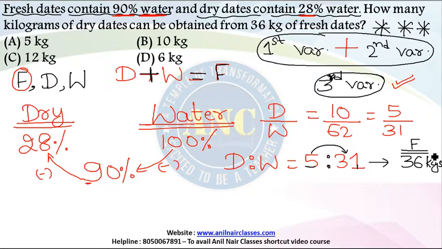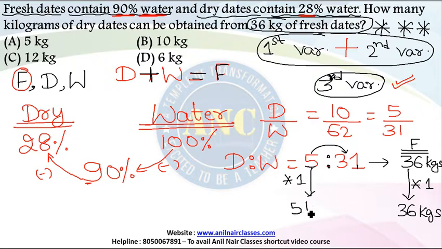But according to the question also, 36 kgs of fresh dates is present. 36 is becoming 36. Multiply by 1, this also multiply by 1.